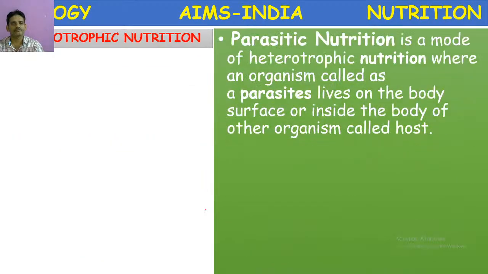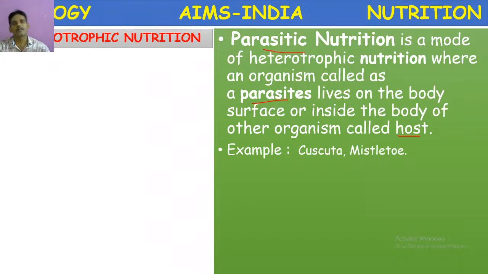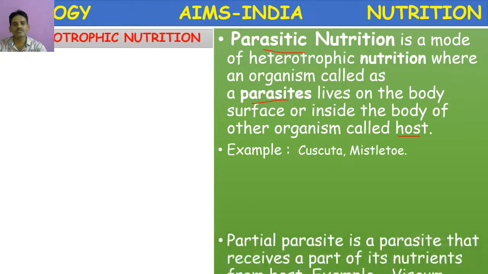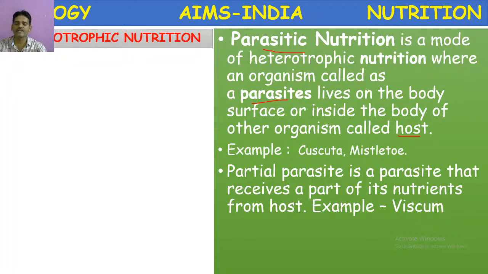Heterotrophic nutrition. First, parasitic nutrition. The parasitic nutrition is a mode of heterotrophic nutrition where the organism, called the parasite, lives on the body or surface or inside the body of another organism, called the host. Here the host is providing the nutrients and shelter, but the parasite is harming the host.